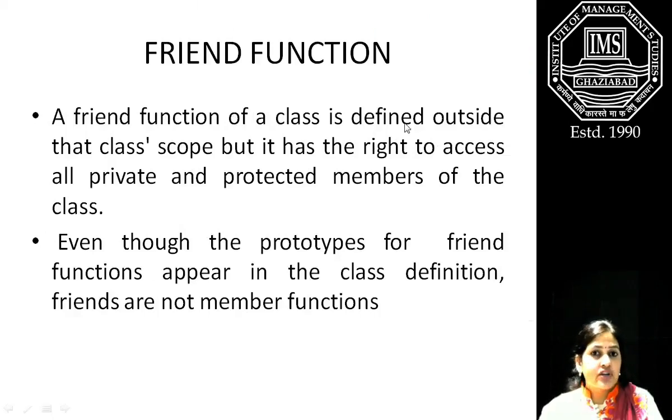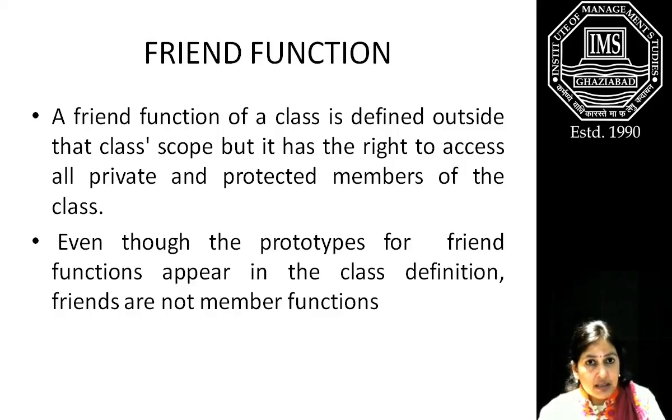A friend function of a class is defined outside the class, unlike the member function of the class, which can be defined inside the class or outside the class. A friend function is defined outside the class scope, but like a member function, it has the right to access all private and protected members of the class.